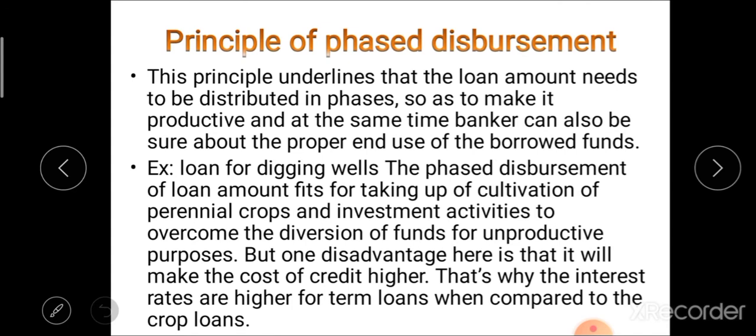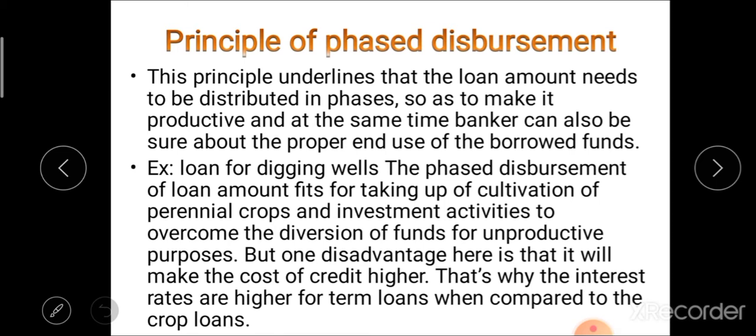After that, fourth principle, that is principle of phased disbursement. Phased disbursement is nothing but the distribution of loan according to different stages of requirement. In case of long term loan, this phased disbursement is most important. In case of crop loan, there is no such type of phased disbursement. This principle underlines that the loan amount needs to be distributed in phases so as to make productive use. At the same time the banker can be sure about the proper end use of that borrower's fund.